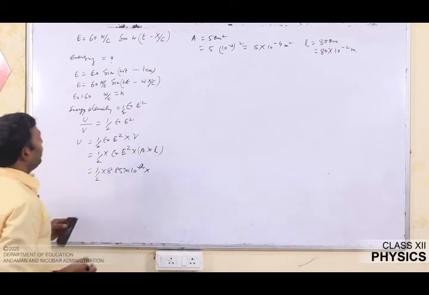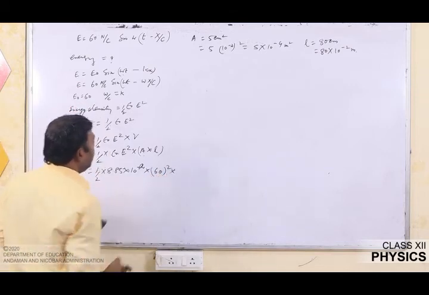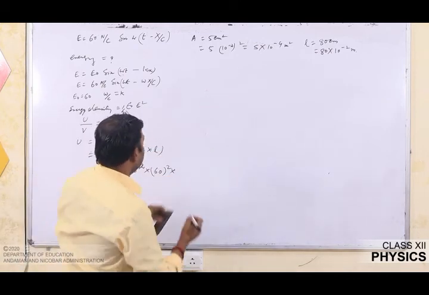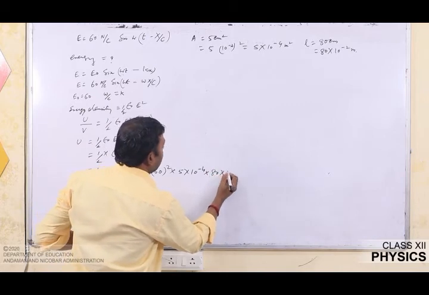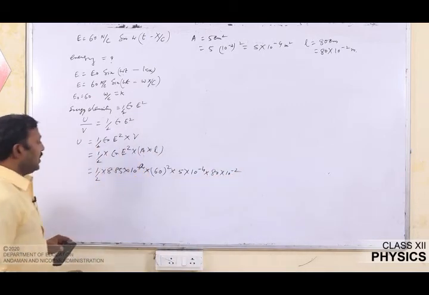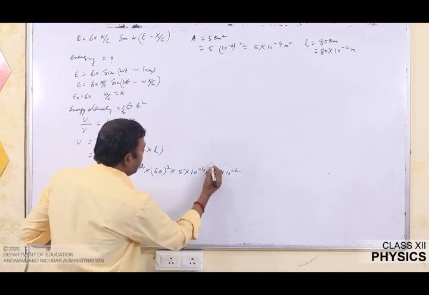multiplied by the value of electric field, which is 60, so it is 60 whole square, multiplied by area of cross section, which is given as 5 into 10 to the power minus 4, and length is 80 into 10 to the power minus 2. Further, with the 2, 80 can be cancelled, you get 40.